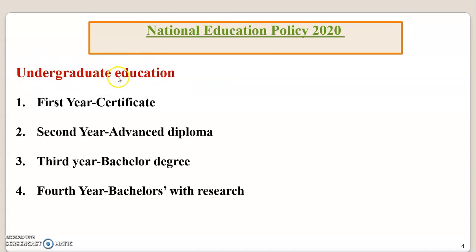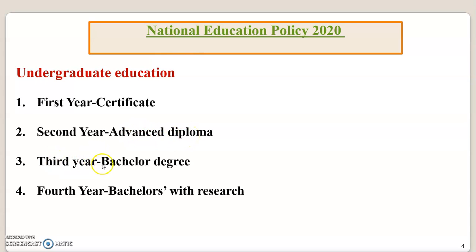The third one is undergraduate education. In undergraduate education, a 3-year or 4-year program with multiple entry and exit options is proposed for students in this new education policy. Students who complete 1 year, that is the first year, will be awarded a certificate. Students who complete 2 years will be given a diploma.